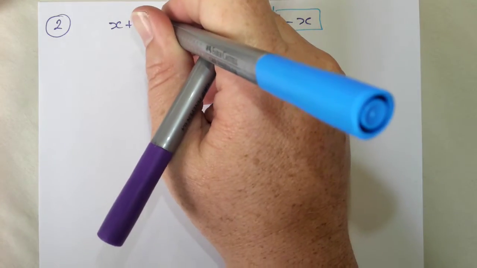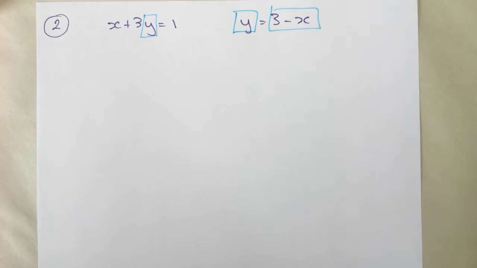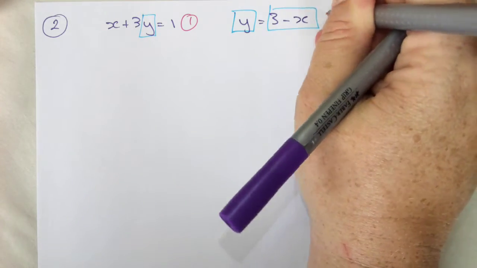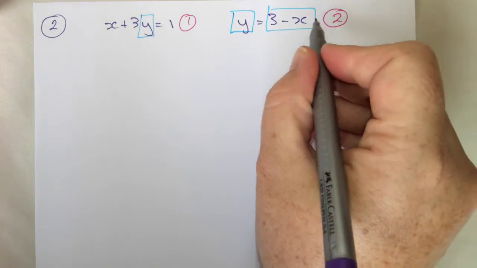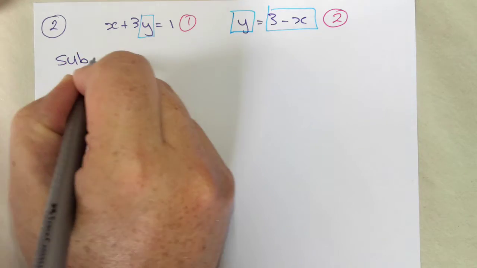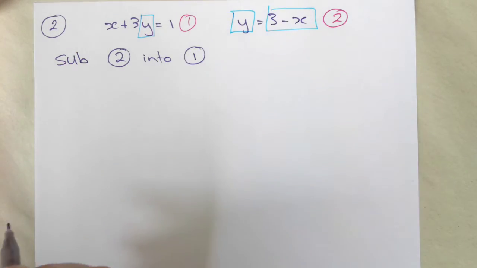So that means in this equation here, I can replace that y with 3 minus x. So I'm going to call this equation 1 and this equation 2. And I am going to substitute equation 2 into 1. So there's my instruction, substitute equation 2 into equation 1.